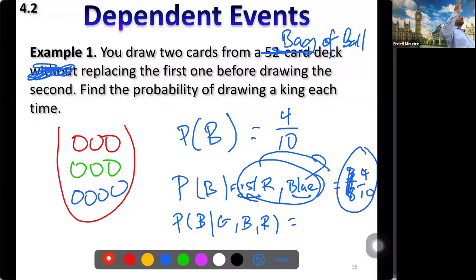Comments, queries, concerns? We're going to stop right here and pause. Again, the thing to remember is whenever you say without replacement, it's a dependent event. When there is replacement, then the events are independent.